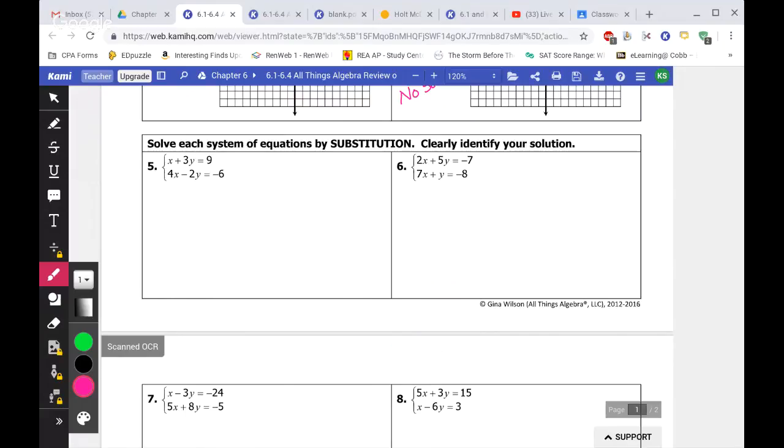So I want to get y all by itself so that I can get an expression to substitute in. So in order to do that, I'm going to set up the equation, and then to get y by itself, I need to subtract 7x from both sides because I can't just move it. I have to use inverse operations to get it to the other side. So now I have y equals -7x minus 8.